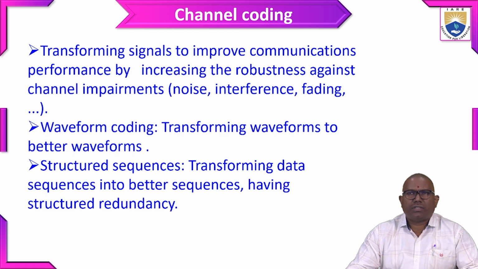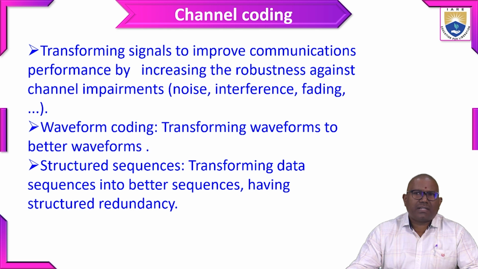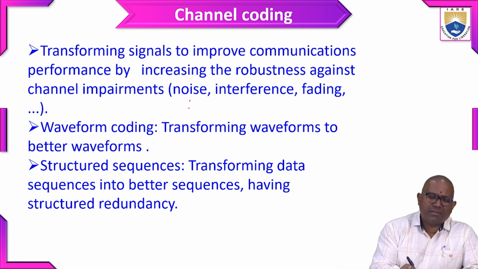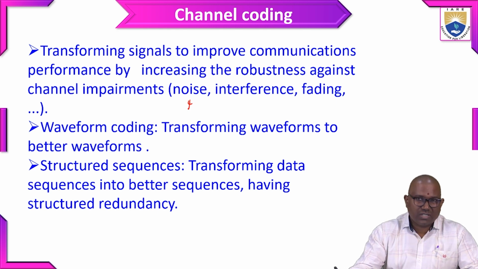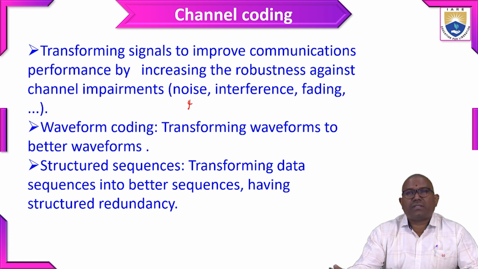So what is channel encoding? Channel coding is transforming signals to improve communications performance by increasing the robustness against channel impairments: noise, interference, and fading. Noise is always added, so you can call it additive noise. Its nature is Gaussian, so it is additive white Gaussian noise.